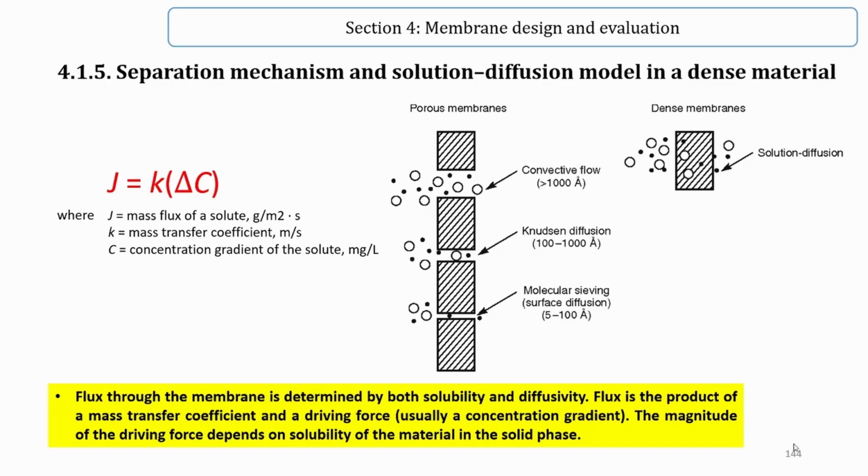Since the physicochemical phenomena that control separation are dissolution and diffusion in the solid phase, this model is known as the solution diffusion model. The solution diffusion model predicts that separation occurs because the solubility, diffusivity, or both of the solutes are much lower than those of water, resulting in a lower solute concentration in the permeate than in the feed.